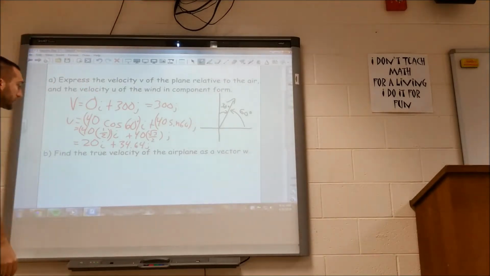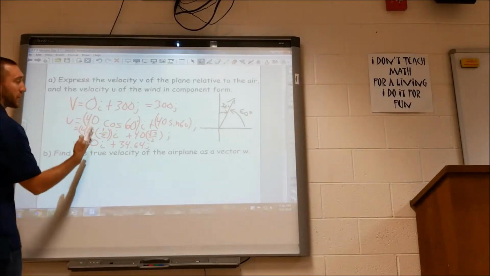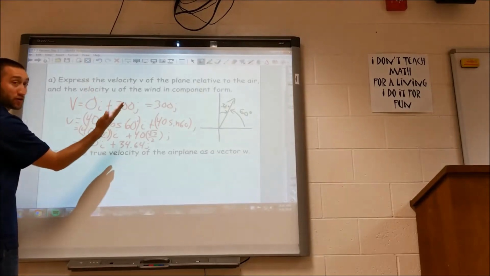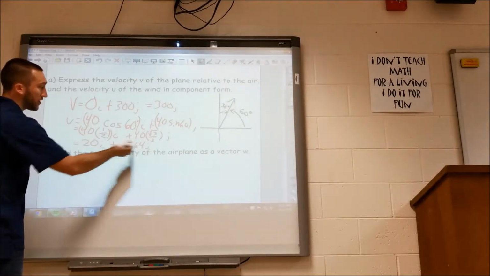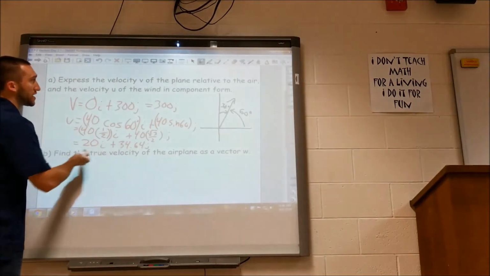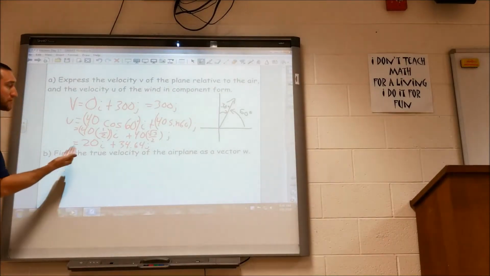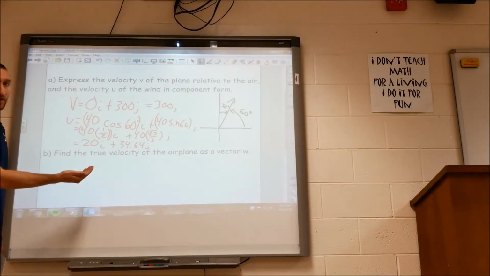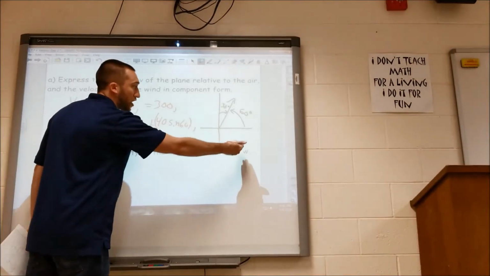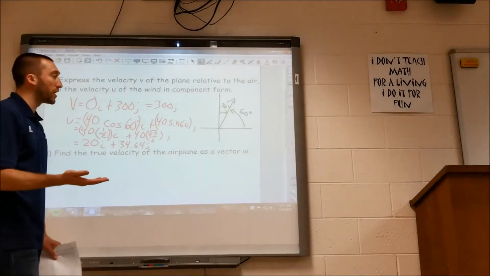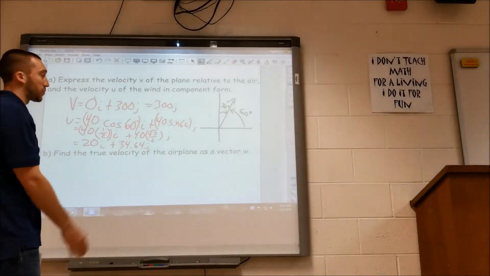Okay? So if I have an airplane that wants to go due north, but I have a crosswind that's acting with this magnitude here, I want to find the true velocity of the airplane, right? I'm calling it W because the wind is acting on the airplane.